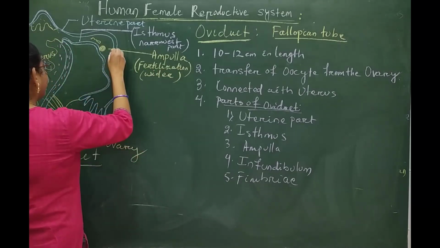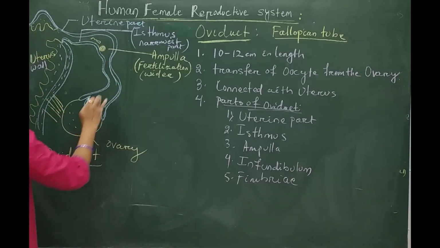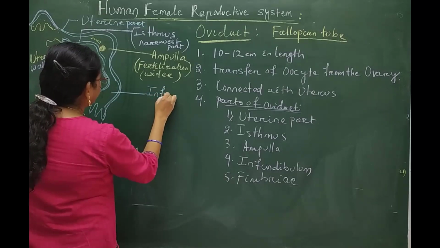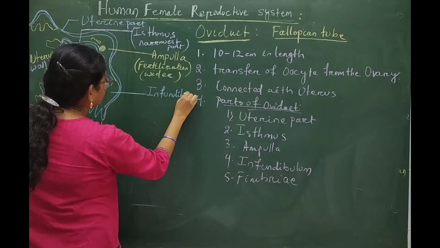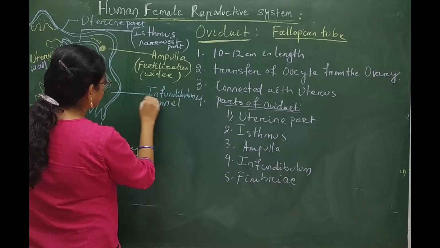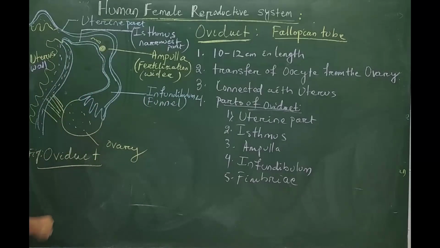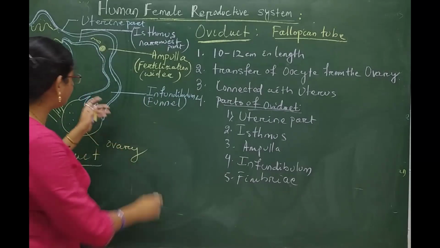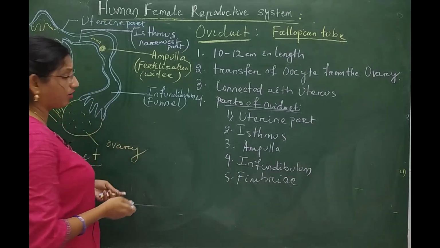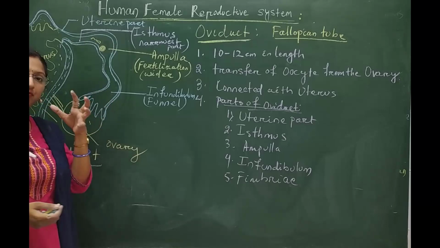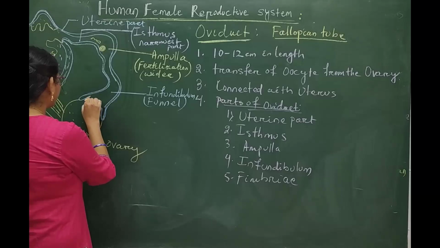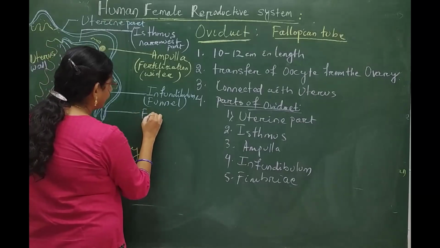After that, another funnel shaped structure is called infundibulum. Lower to the infundibulum, the edge part consists of a hairy brush-like structure, or finger-like projections, called fimbriae.